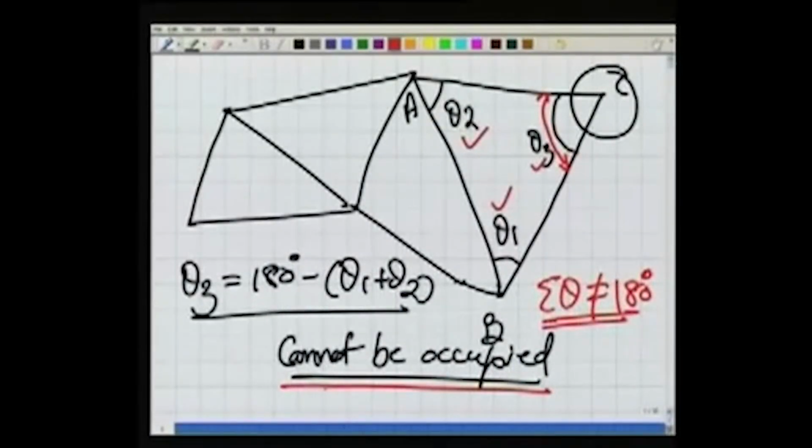But the condition in this case is that C cannot be occupied. So what to do? We somehow want to get this value of theta 3 which is independent of theta 1 and theta 2. We don't want to use this relationship. Rather, we want to do it by some other method. Now, the solution of this is given by the satellite station.